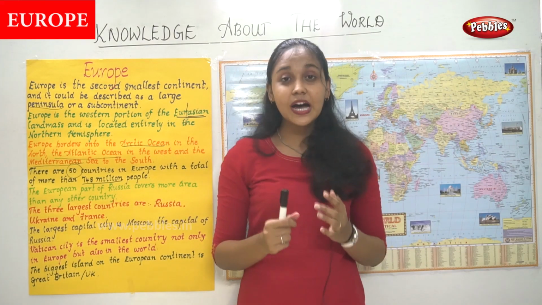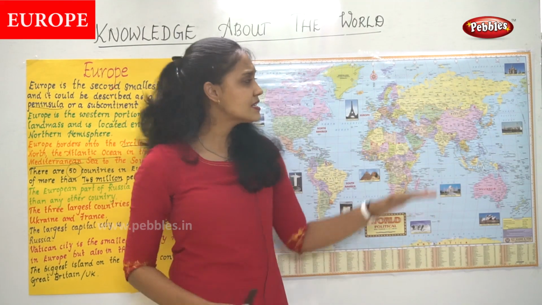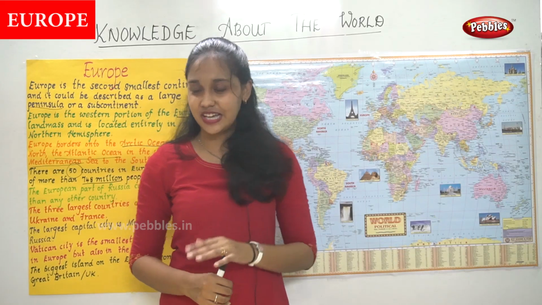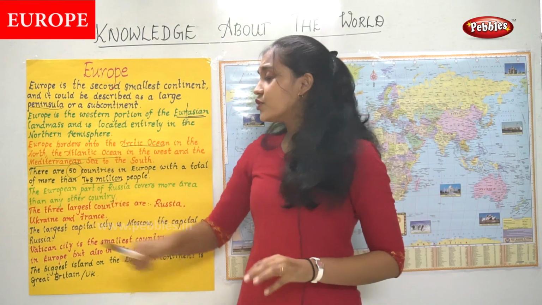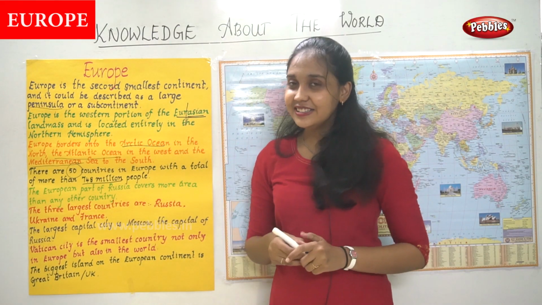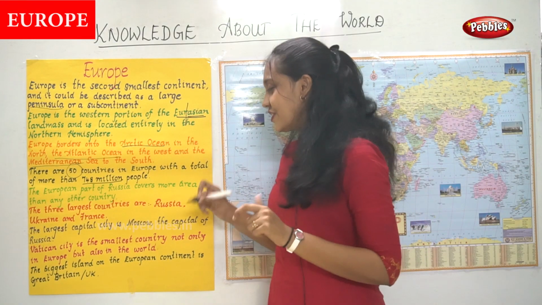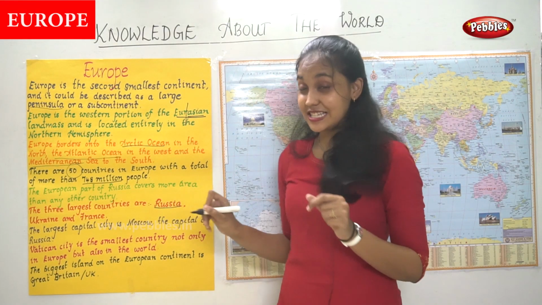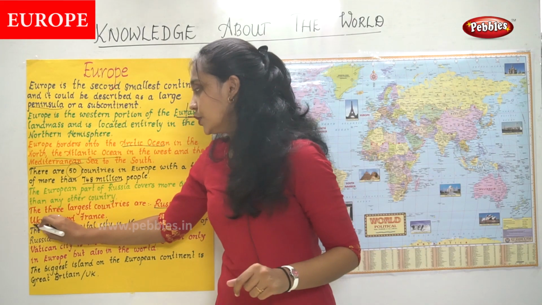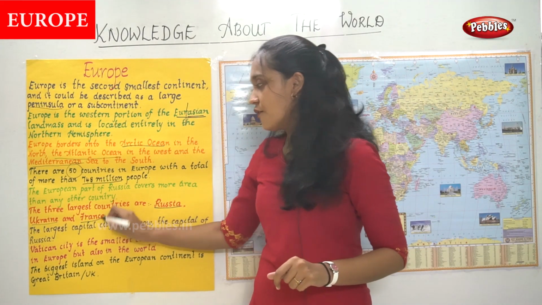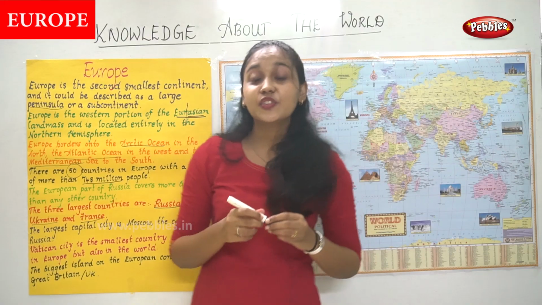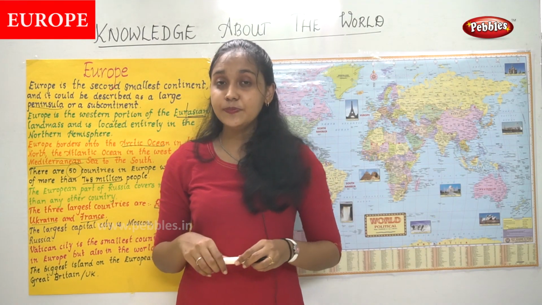The European part covers more landmass than any of these countries. And then the three largest countries are, yes, you would have guessed, Russia, that is first, and then Ukraine and France. So what are the three largest countries in Europe?